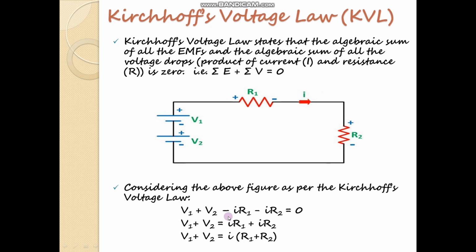So we will write minus IR1 minus IR2, and the summation of all these voltage rises and voltage drops will be equal to 0. Or in another way, we can write summation of voltage rises must be equal to summation of voltage drops.